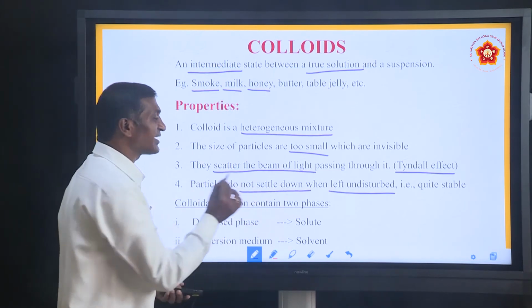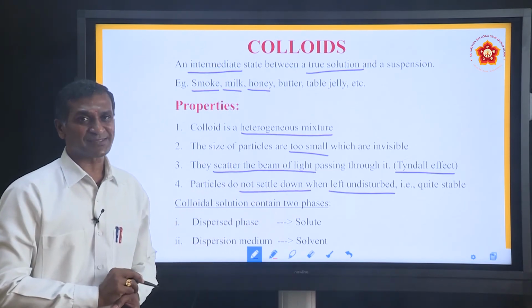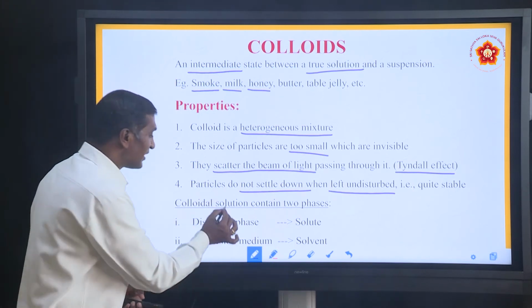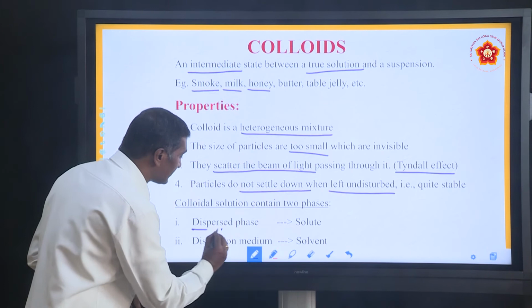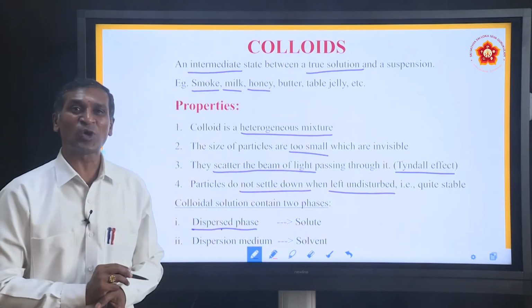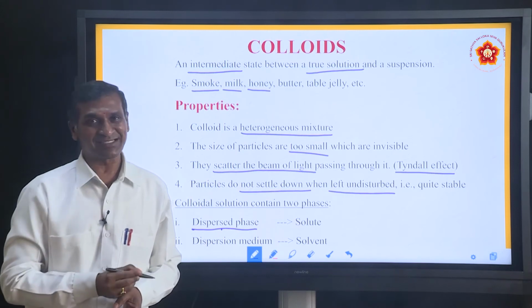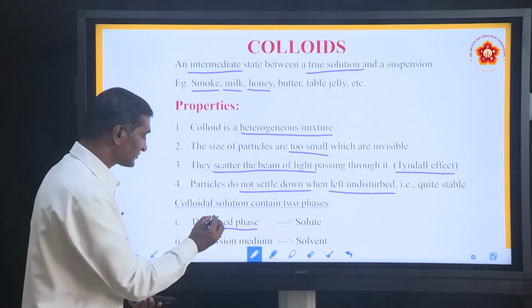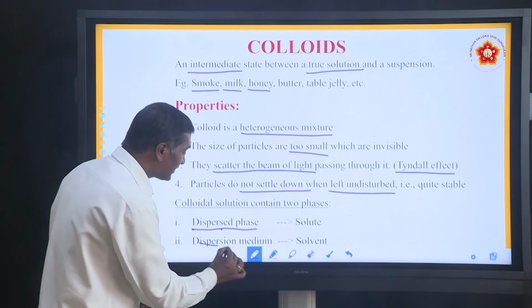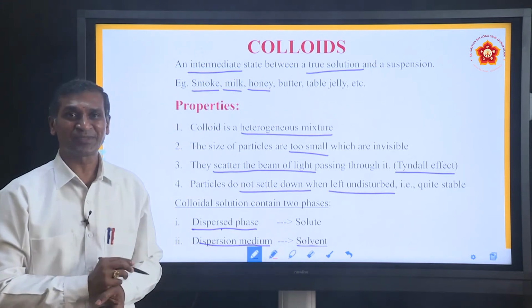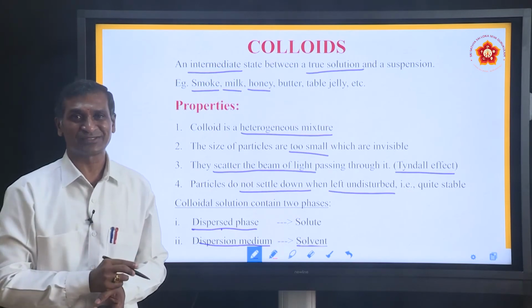Colloidal solution contains two phases. Very important here, everyone should note. The dispersed phase in the colloid is called the solute. So, I added soluble starch, that is the dispersed phase. The dispersion medium is the solvent. To that water, I added soluble starch.